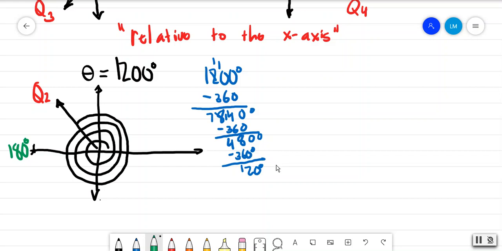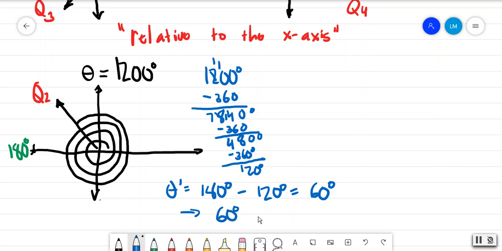So theta prime is equal to 180 minus 120, which is equal to 60 degrees. So 60 degrees is the reference angle.